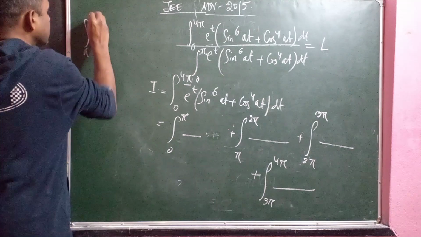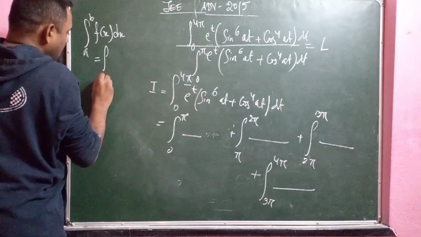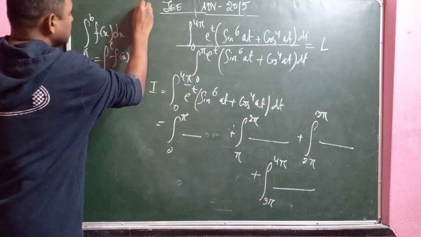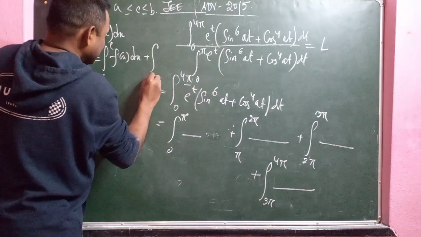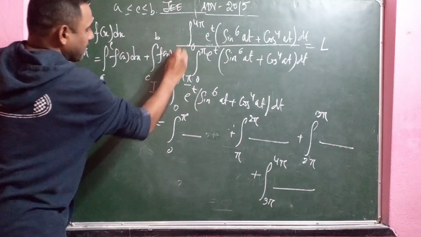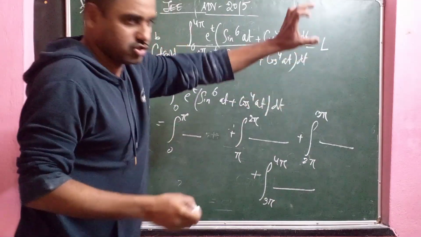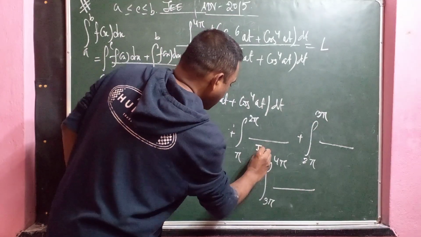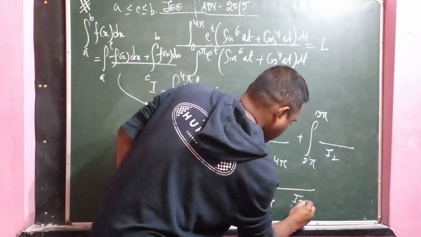Suppose integral a to b f(x) dx, this is the property, can be written in this way: a to c f(x) dx, where c is in between a and b, plus c to b f(x) dx. This property I used here. We'll just copy it. Suppose I take this as I1, this I2, this I3.